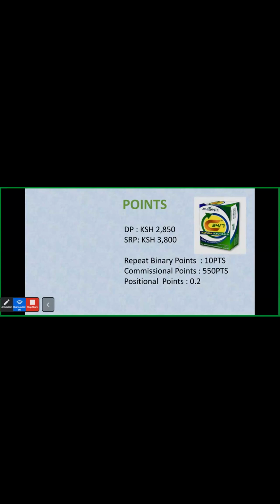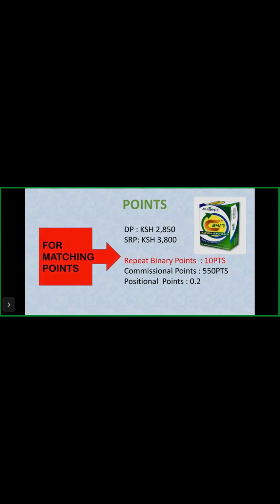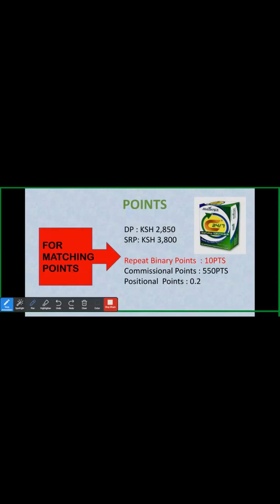Now, when you buy this product, it comes as a package on its own. So first of all, let me highlight these two prices here. This one written DP is the distributor price. This is for members. This is for any person who is a member.